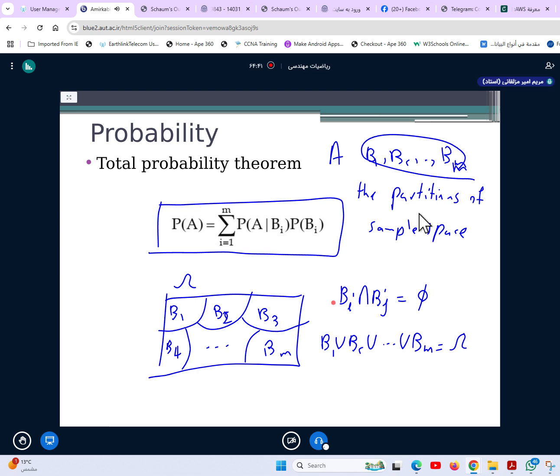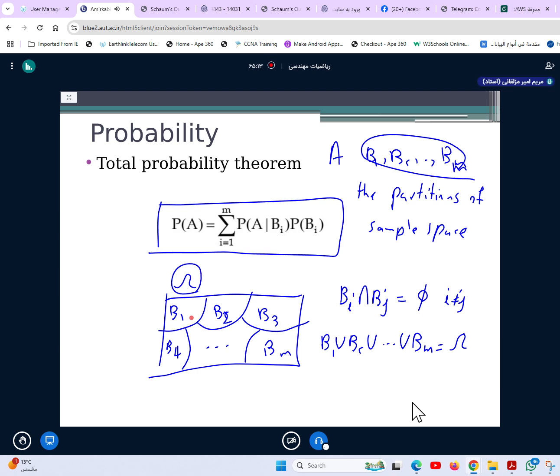So, if we have Bi's that satisfy these two conditions, the intersection of Bi and Bj is empty, and also the union of B1 to Bm is equal to the sample space, then we say that B1 to Bm are partitions of omega.